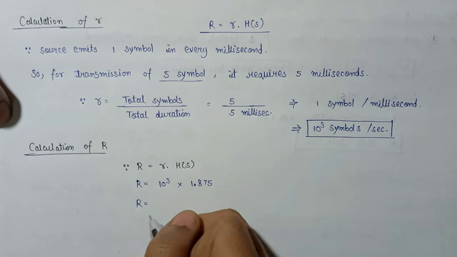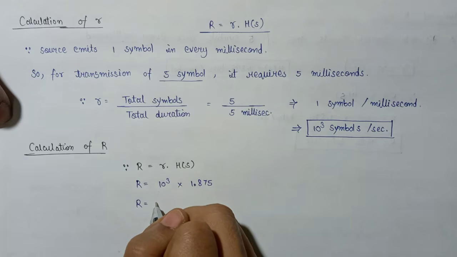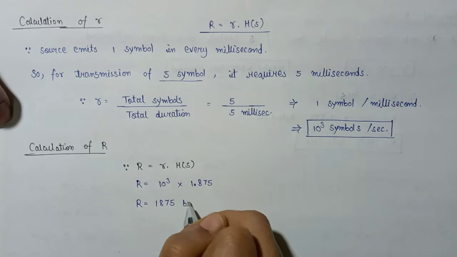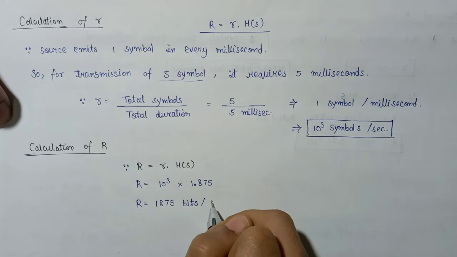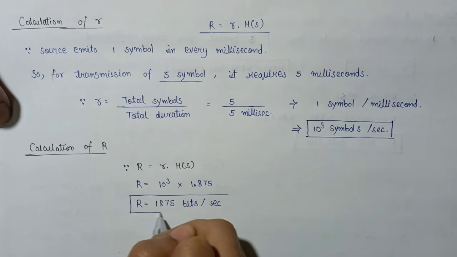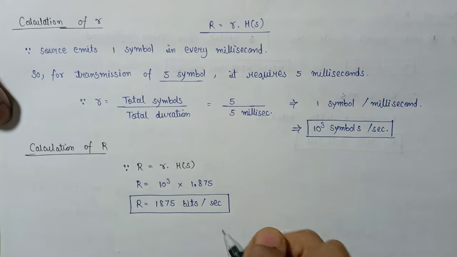So the final value of R comes out to be 1875 bits per second. So this is the value of capital R.